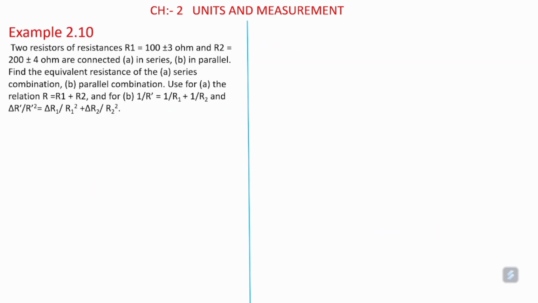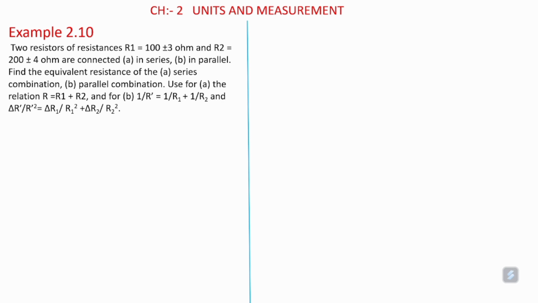Now next we will see example 2.10. Two resistors of resistances R1 is equal to 100 plus or minus 3 ohm and R2 is equal to 200 plus or minus 4 ohm are connected in series, A in series and B in parallel. Find the equivalent resistance of the A series combination, B parallel combination, and for that we have to use the relation.